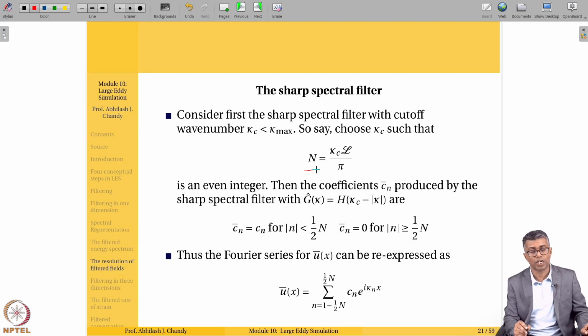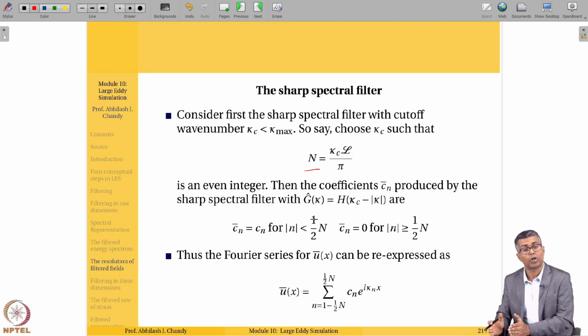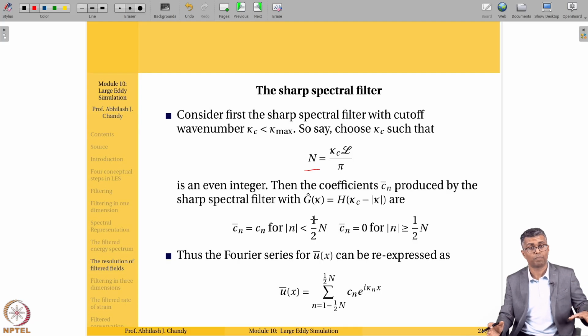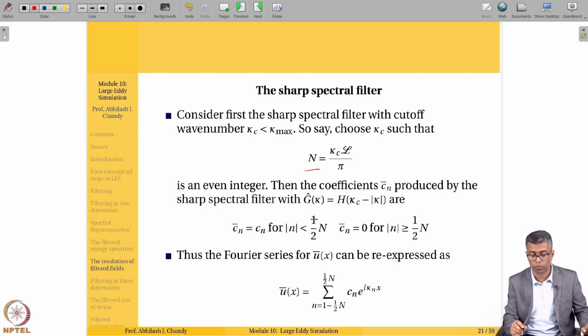So that means g hat of kappa would be equal to a Heaviside function, isn't it? In spectral space, the sharp spectral filter is a Heaviside function. In physical space, a sharp spectral filter is a sinusoidal function. So this is now a Heaviside function in spectral space. So it would be H of kappa c minus the magnitude of kappa.